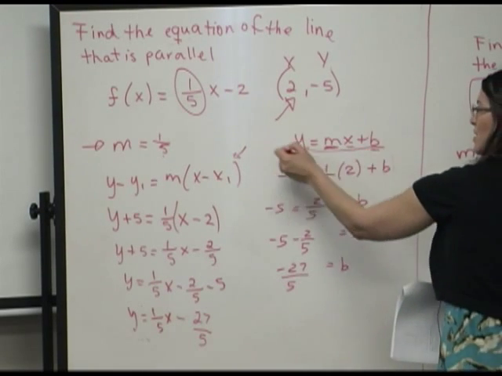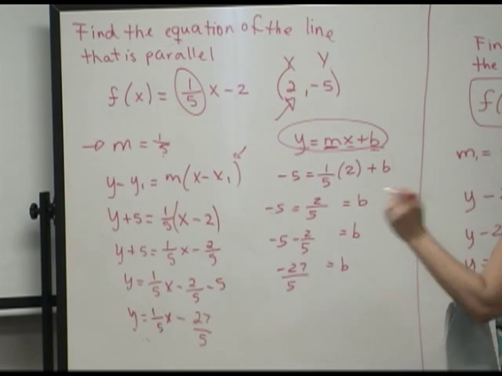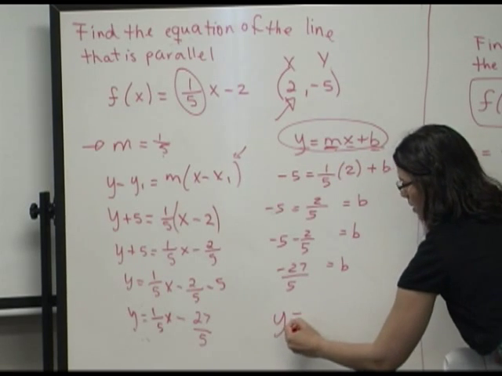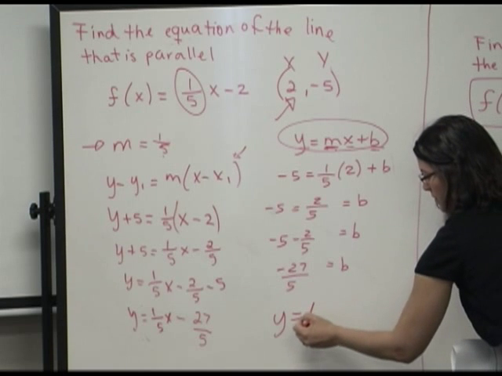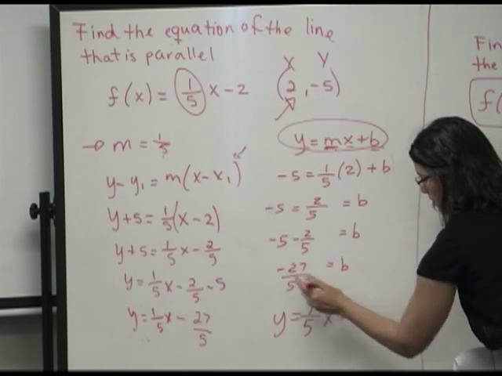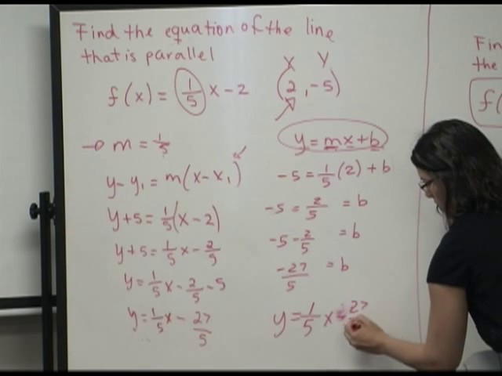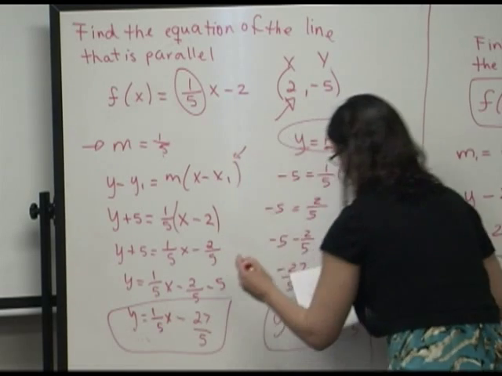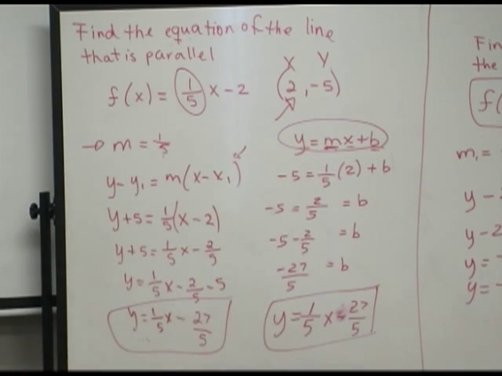Now you can write the equation. Always, the slope intercept form, right? What is your m? 1/5 x plus or minus b, right? Plus b, which is negative. So you can actually use both of them. Okay, that's all for lines.